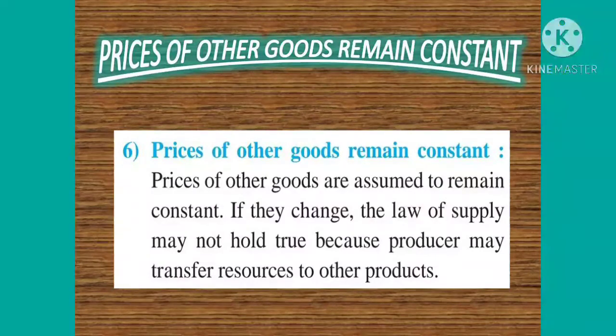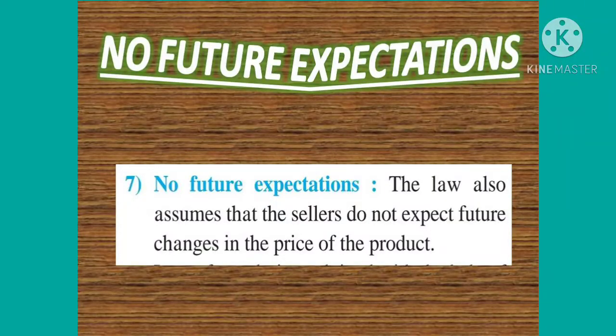And seventh, no future expectations. The law also assumes that the sellers do not expect future changes in the price of the product.